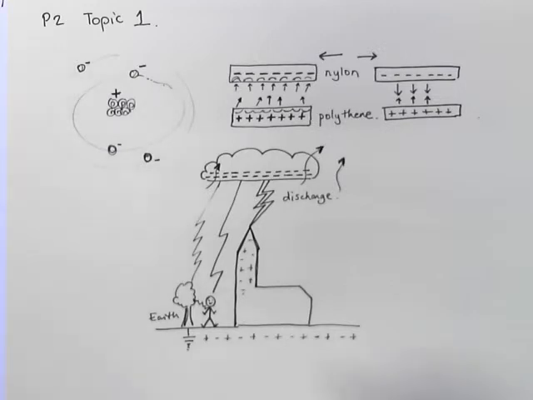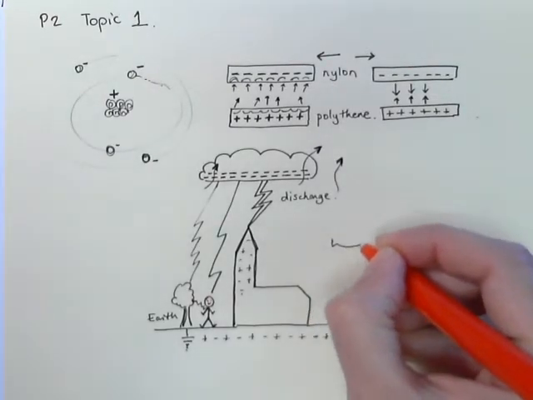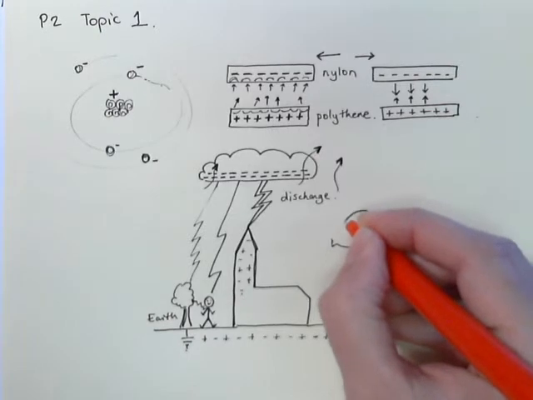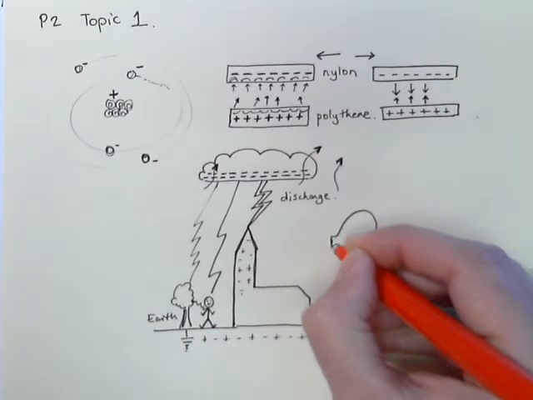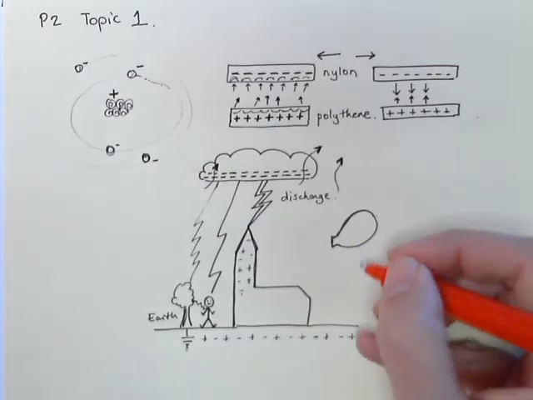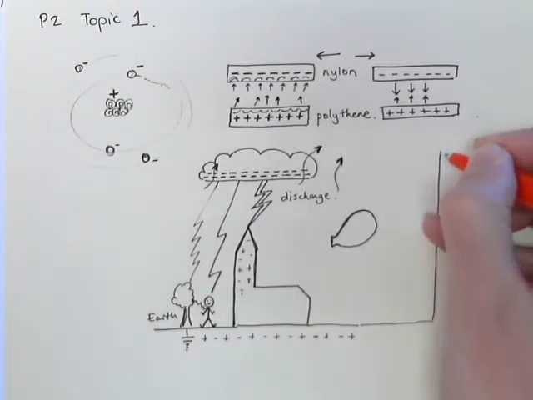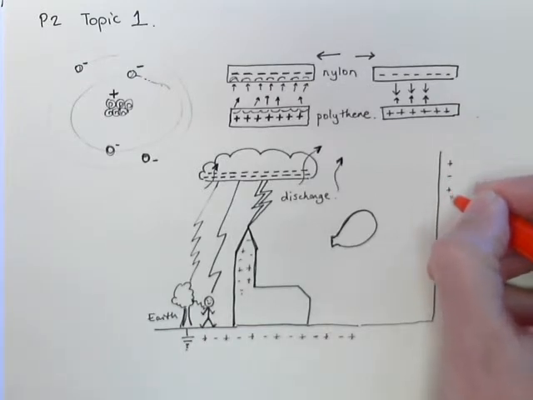We now need to look at something else. Let's say we've got a rubber balloon, and this balloon is not to scale, so it's not half the size of a church, but I'm going to introduce this balloon to a wall, and this wall is connected to Earth, so it's got an equal number of positive and negative charges.